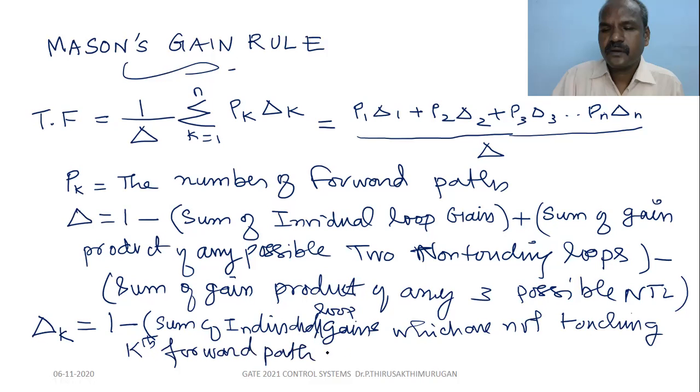Then plus the sum of gain products of any two non-touching loops which are not touching the kth forward path, and so on. This is applicable to all delta k. Understand or not? So this is the simplest and easiest way of determining the transfer function of the system.